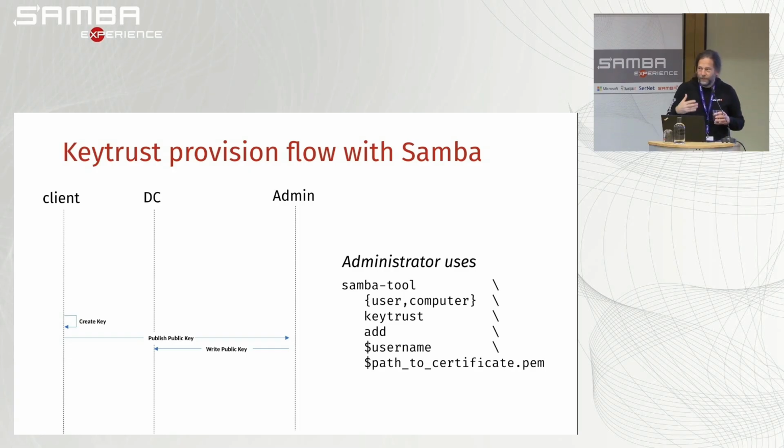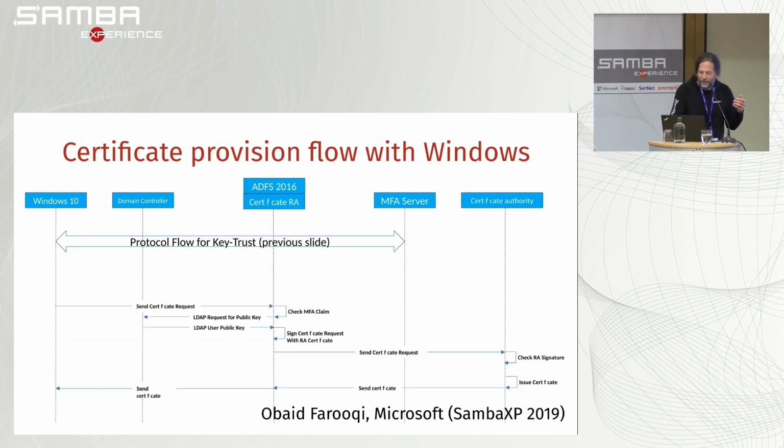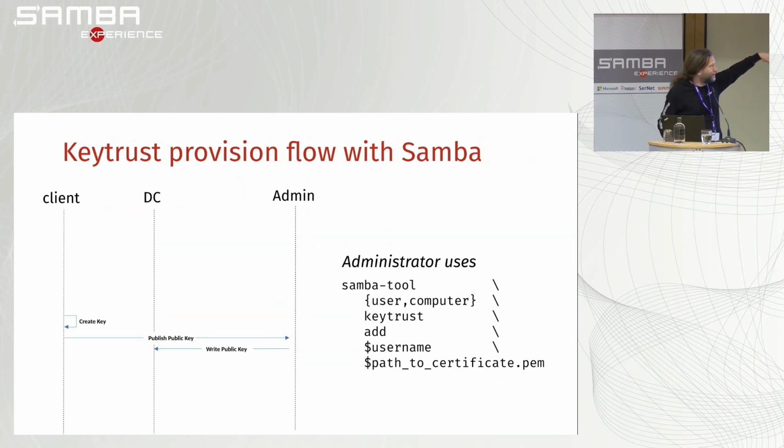And there's a few other things that we thought through, and we put in the list of things that we'll get. altSecurityIdentities is one, which I'll try and mention in the next bit. So the certificate provision flow does all of this stuff.